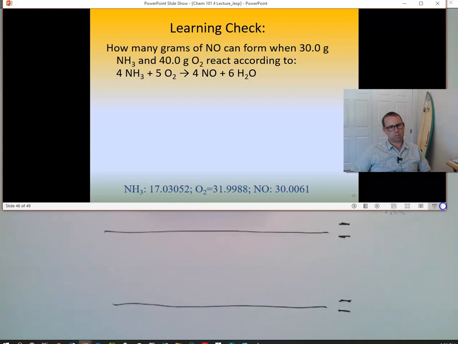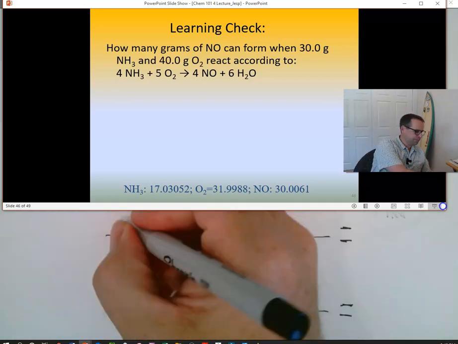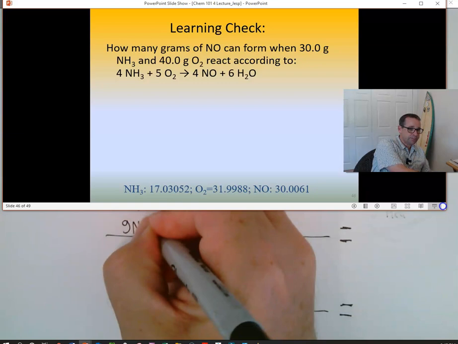The 2 elements we're looking at on the left are NH3 and O2, right?